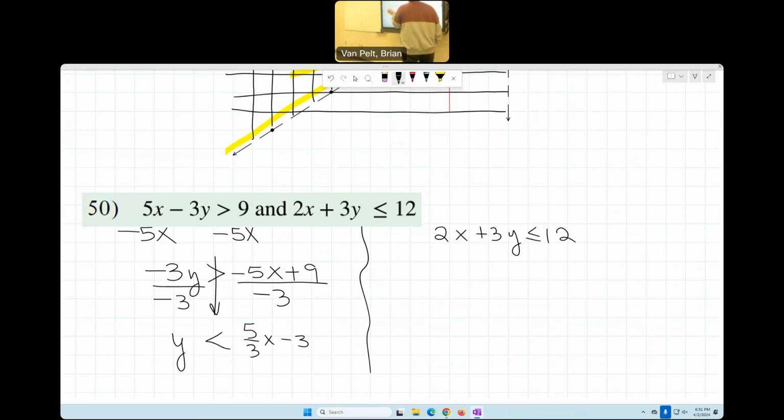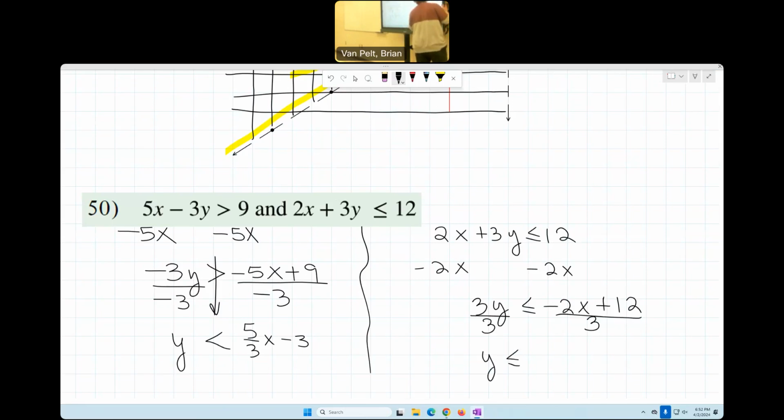So this one here, I'll subtract 2x. Then divide by 3. If you break up this fraction, you'll get y is less than or equal to -2/3 x plus 4.